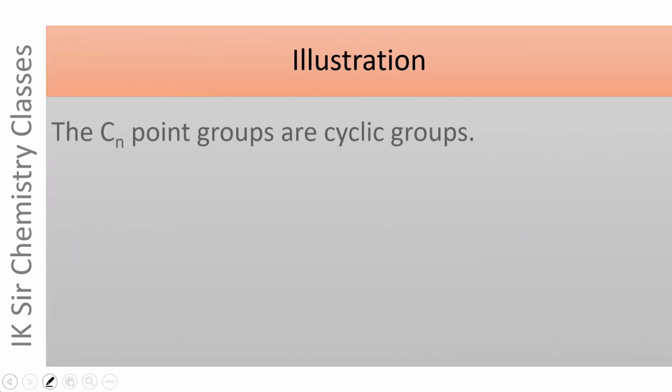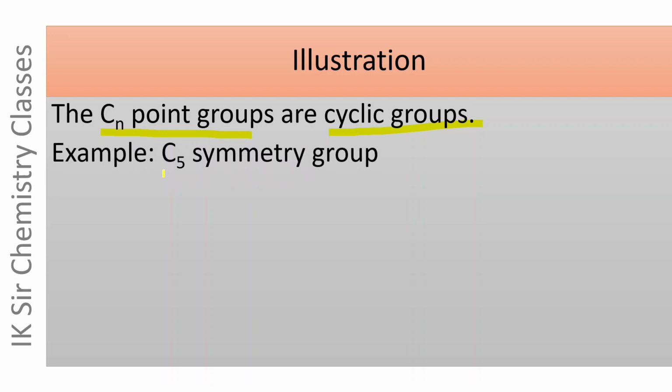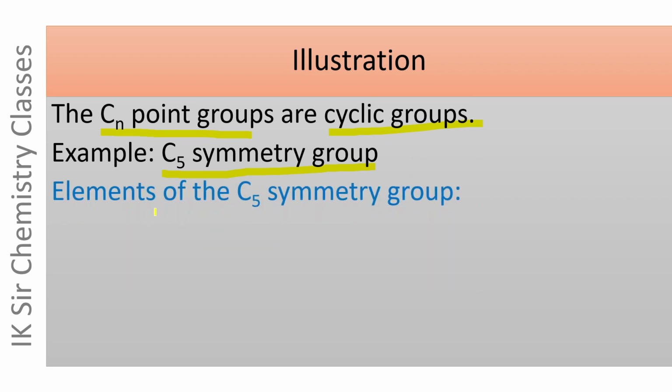Let us illustrate cyclic group. The Cn point groups are cyclic groups. Let us see an example: C5 symmetry group.